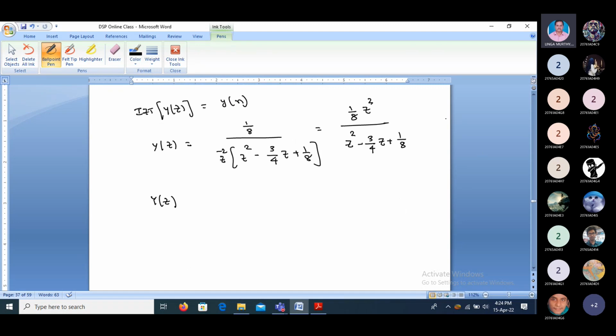The roots for this are 1 by 4 and 1 by 2. So Y of z is equal to z square into 1 by 8 divided by z minus 1 by 4 into z minus 1 by 2.